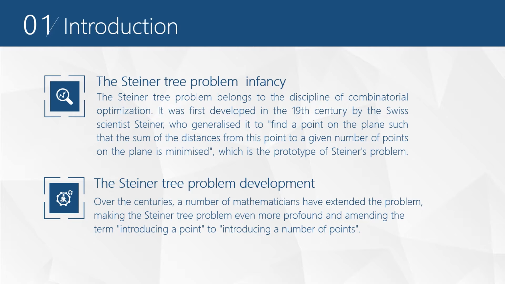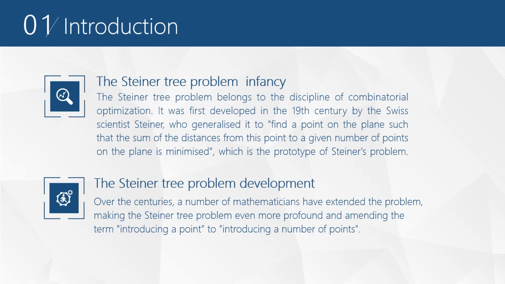It was first developed in the 19th century by the Swiss scientist Steiner, who generalized it to find a point on the plane such that the sum of the distances from this point to a given number of points on the plane is minimized, which is the prototype of Steiner's problem.